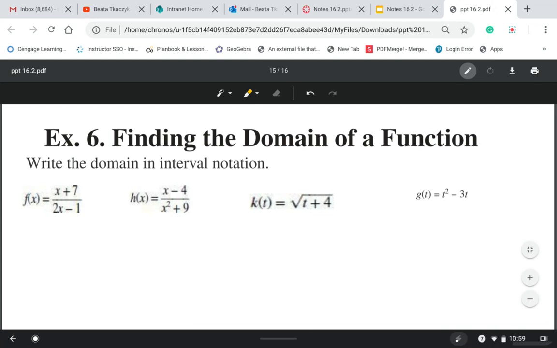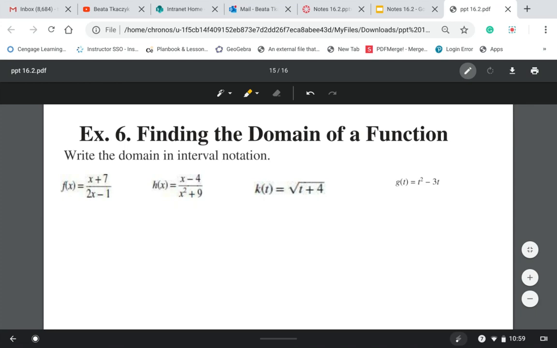So find the domain of the function. What I like about this example is that it has different types of functions. We have 1, 2, 3, 4. Let's talk about the first one.